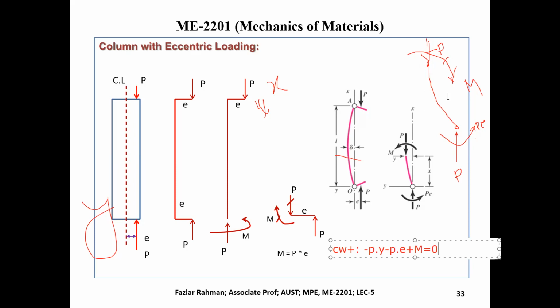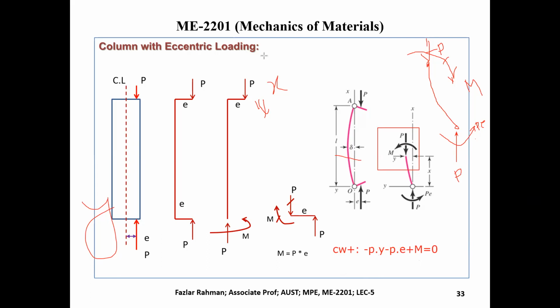But what I did, if you look clearly in the figure, is that I put this moment in the opposite direction. I put it intentionally, as in all the books where they derived the equation for the column, because it makes it easier to solve the differential equation. So our value will be only negative. Right over here, our value is coming M equals P into y plus e.